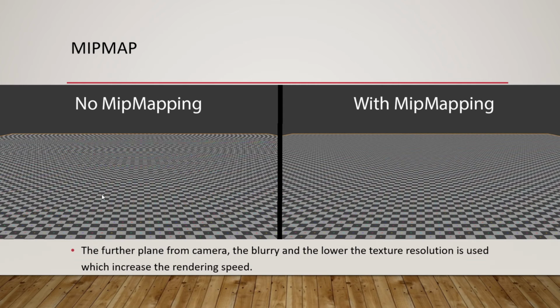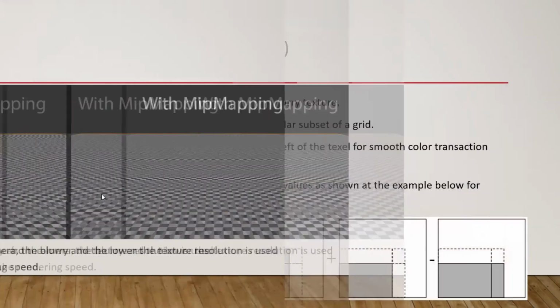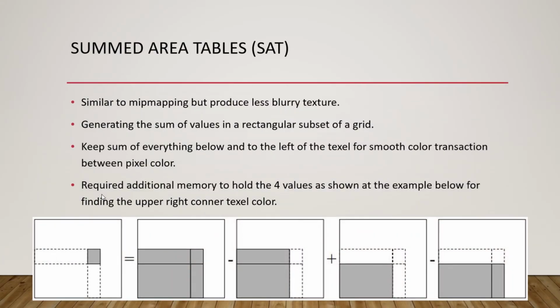So let's go to our last method of 3D texture mapping, which is summed area tables. Summed area tables are similar to mip mapping but produce less blurry texture. How this SAT processes the data is that it generates the sum of values in a rectangular subset of a grid.